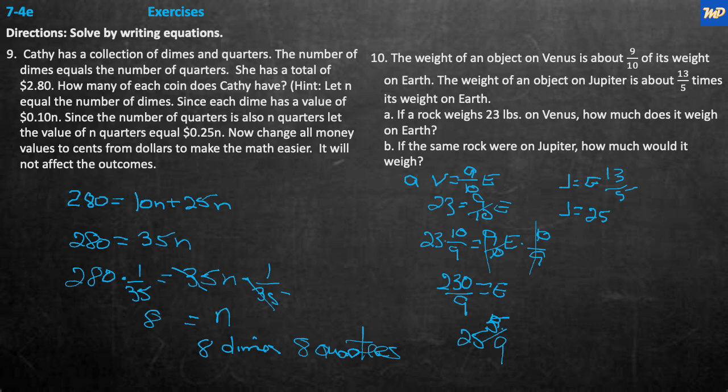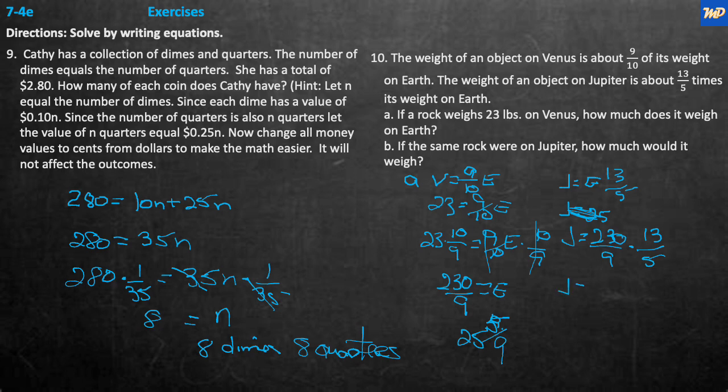I'm going to take that back, I'll erase that. Jupiter is equal to 230 divided by 9 times 13/5. So here's the Earth's weight right here of that rock, and here's what it would weigh on Jupiter, and now we just have to carry out the mathematics.